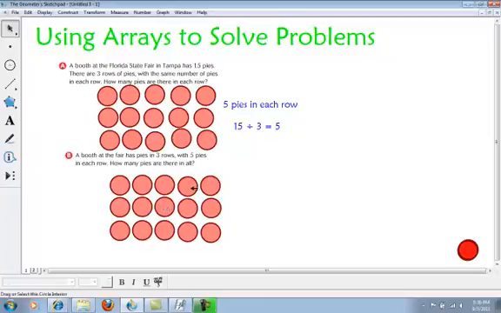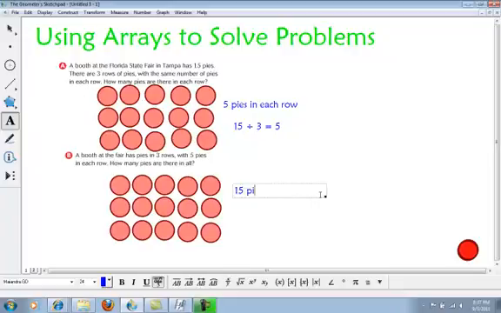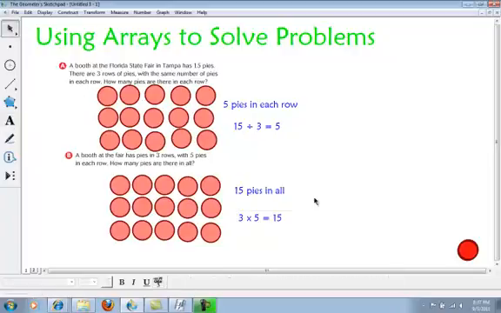Well, I can see that there's 5, 10, 15 pies in all. There are 15 pies in all. And I can show this with the multiplication sentence because I have 3 groups of 5, and that's going to give me 15 pies. So that's one way to solve problems, to build an array.